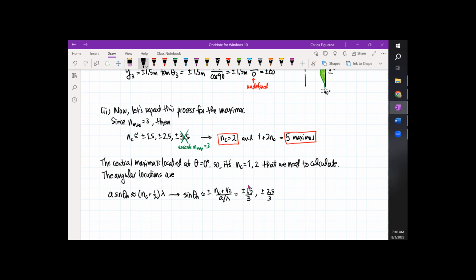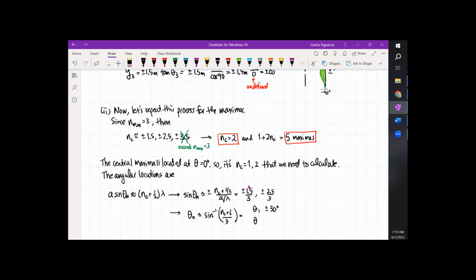So then if I focus on getting the angular location, we can see that this would be sine inverse of n c plus 1/2, over, in this case, 3. And if I solve for this, I'm going to get theta 1 is equal to plus or minus 30 degrees. And then theta 2, now let me be careful here.